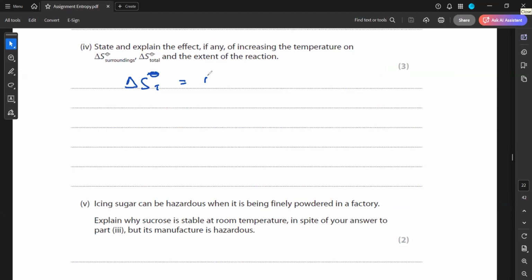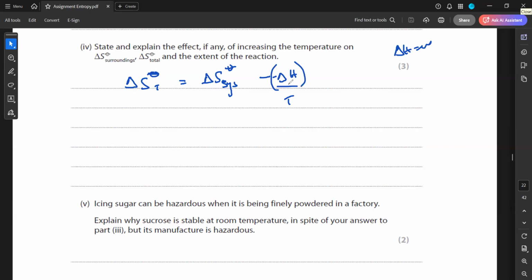is the entropy change of the system, which won't change, because the entropy change of a system depends on the conditions, mainly if we carry out the standard entropy changes, it is done at standard conditions. So it depends on the reactant and the product rather than the conditions. So this remains constant. And we have minus delta H over T. And this reaction itself is exothermic because the value of delta H was negative.